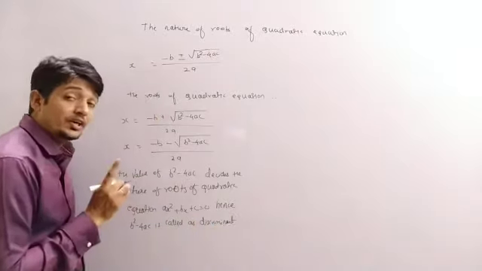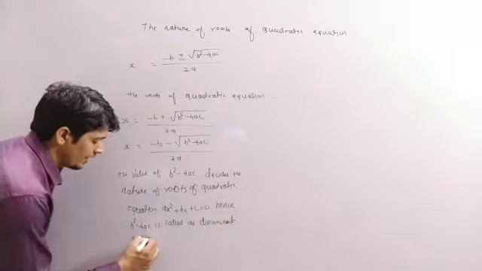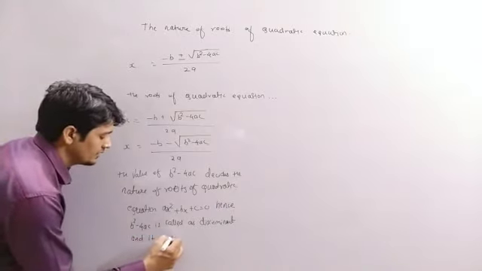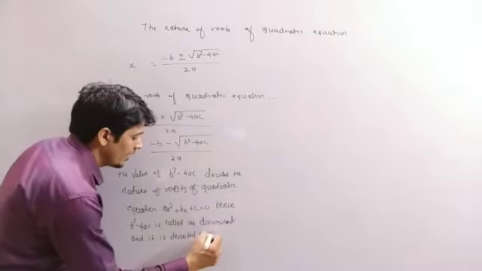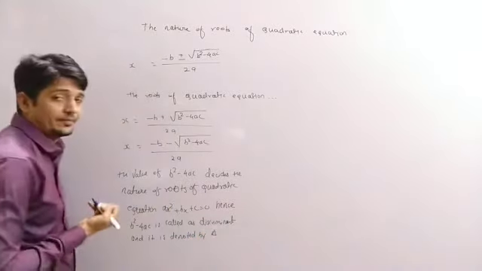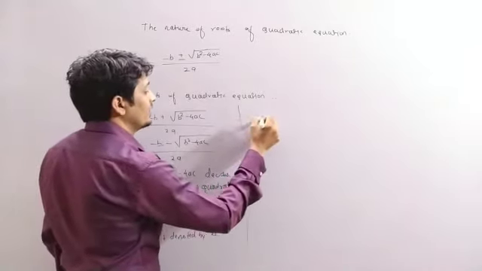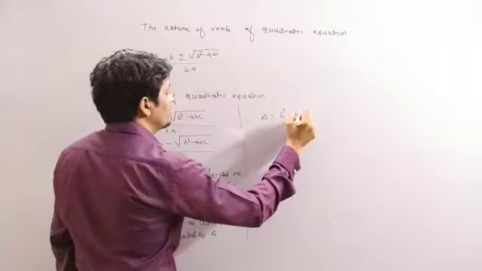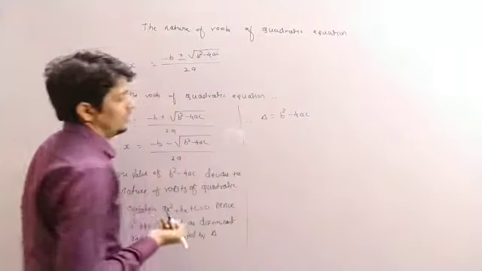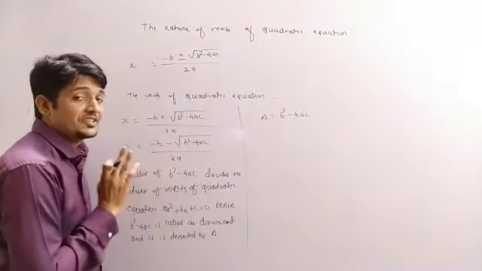And it is denoted by delta. Therefore we can say delta equals b square minus 4ac. Now we have to apply the conditions.